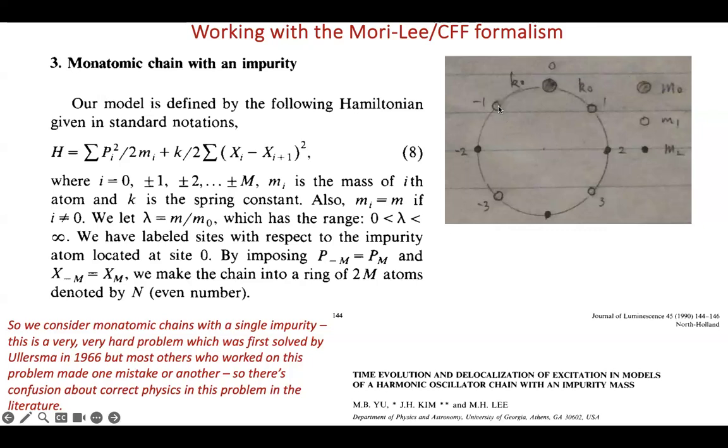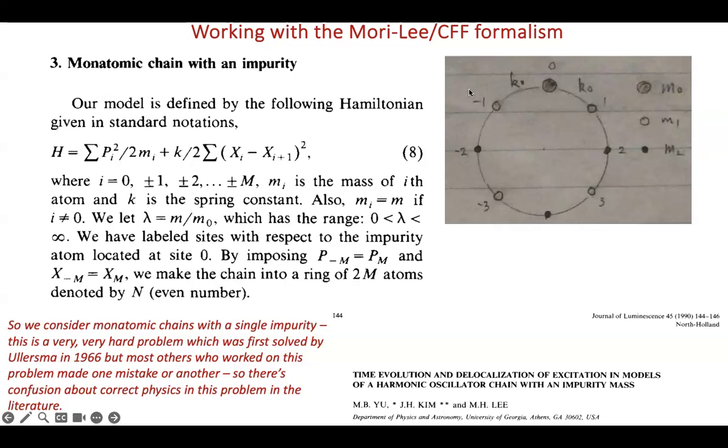So this particle has a mass M1 here, and the black particle has a mass M2 here, and this shaded particle at O has a mass M0 here. This has periodic boundary condition.